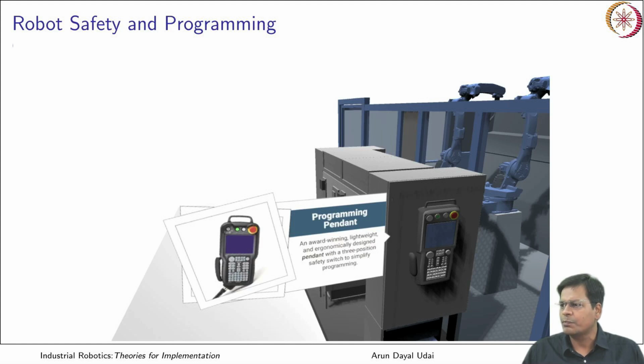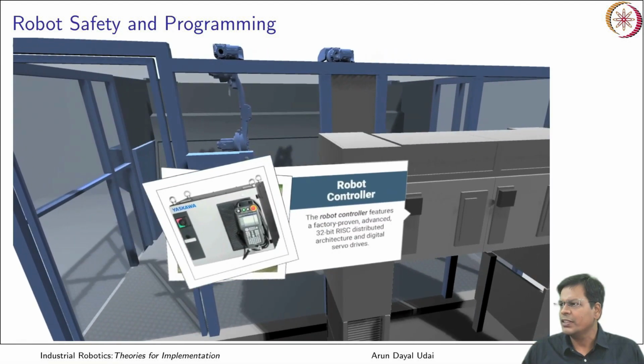Okay, so this is a teach pendant which is kept here, and you see this is the robot controller. We have talked about industrial robots and their accessories in the introduction module also. So this robot controller is basically the hardware that controls the robot, that has all the electronic circuits within, and you also have a PC which is inside.